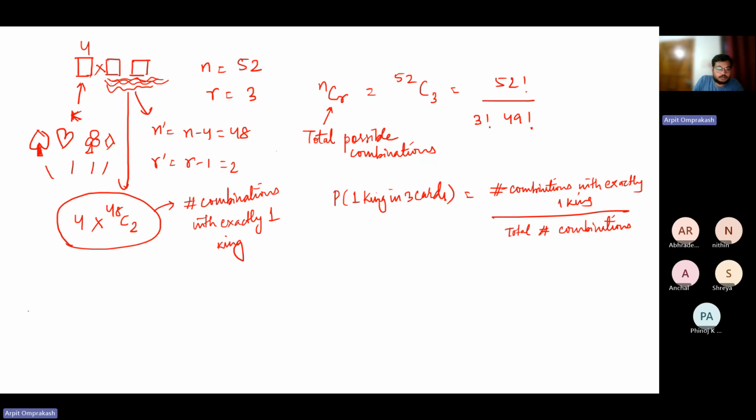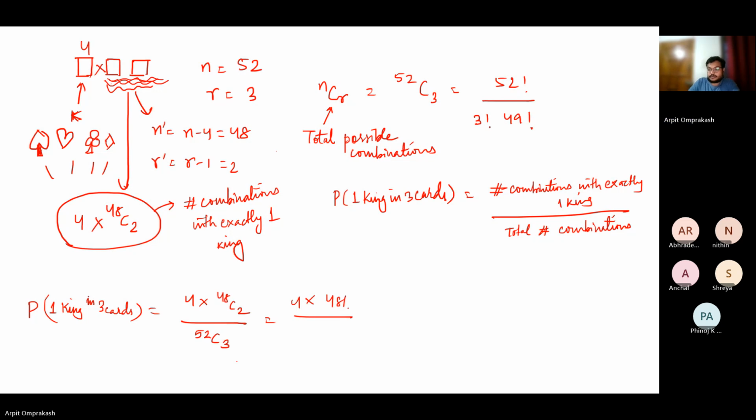The probability of one king in 3 cards is 4 into 48C2 divided by 52C3, which is equal to 4 into 48 factorial divided by 2 factorial into 46 factorial, so 48 minus 2, right?